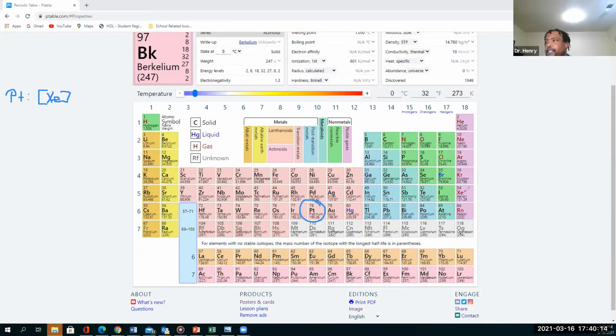Okay, so if we start at xenon and we work our way to platinum, what would be the next electron configuration for it? The next thing that goes there. 6s2. Okay.